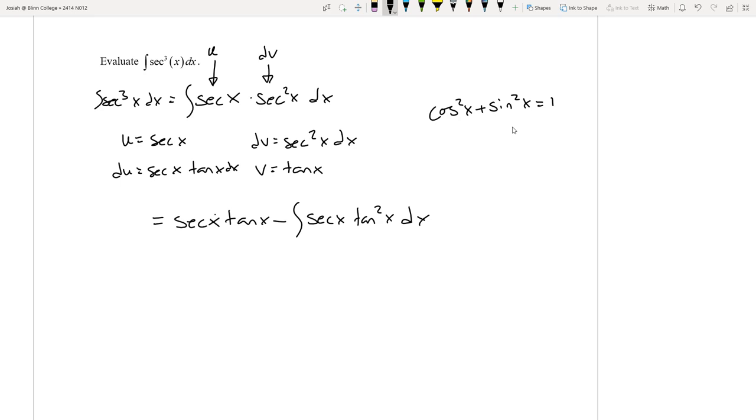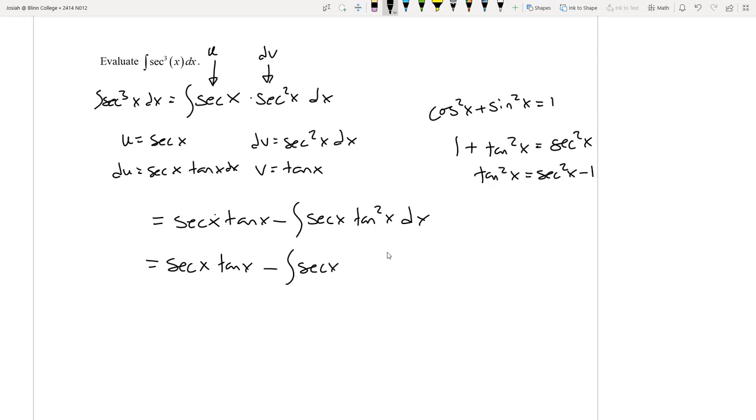If we take our Pythagorean identity and divide everything by cosine squared, we get this relationship that tangent squared of x equals secant squared of x minus 1. And so that's what we'll want to use here. We don't know anything about the integral of tangent squared, and the derivative of tangent squared is gross. So we'll go ahead and make that swap.